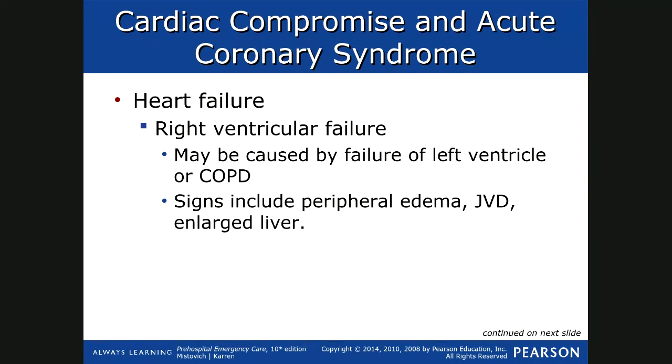I'm still having chest pain that came on at rest. That's a 10 on 10. My left arm hurts. My jaw hurts. I threw up twice. So this is your typical, a textbook MI. Now all of a sudden I start to have difficulty breathing along with my chest pain.